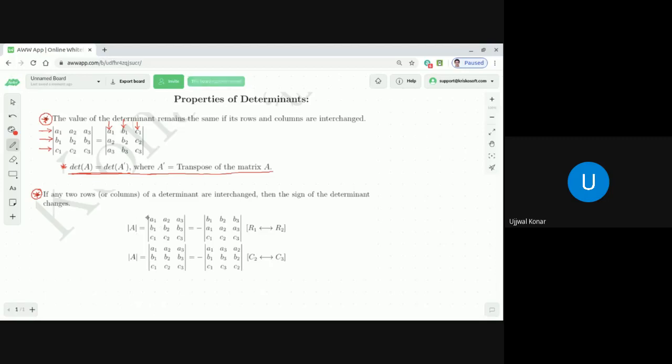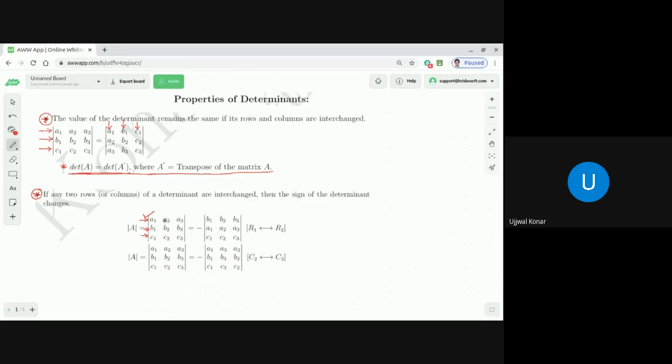Suppose you see this determinant, row-wise A1, A2, A3, then B1, B2, B3, then C1, C2, C3. Now we have interchanged row 1 and row 2. That means whatever was in row 1 becomes the elements of row 2.